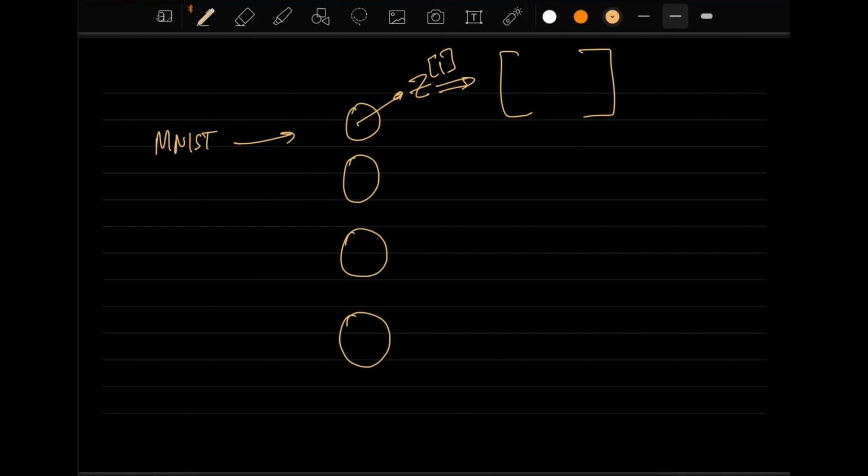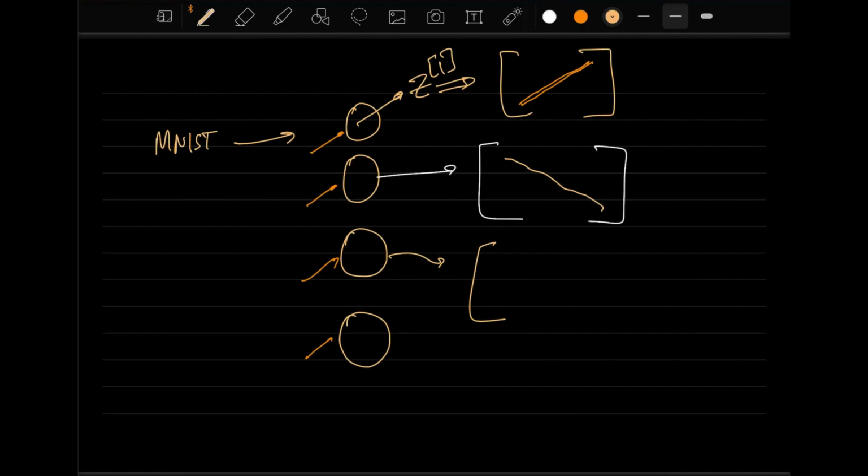If you do continuous training, this node, which is in the first layer of this network, will have some prominent edges like this, and for another input it might have something like this.